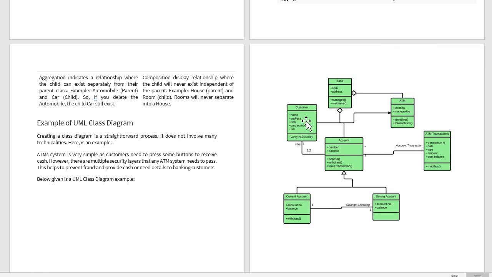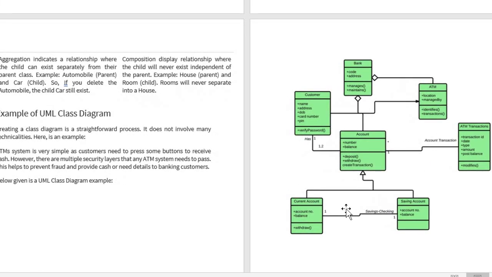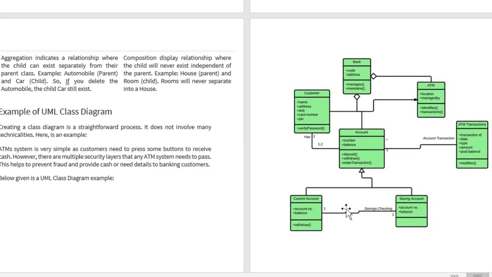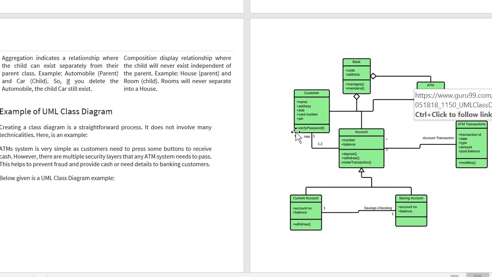In the second compartment, they have given the attributes. When you give the attributes, you have to give the visibility factors next to them. Plus represents public attributes, and minus represents private attributes. In the third compartment, we have to give the operations.